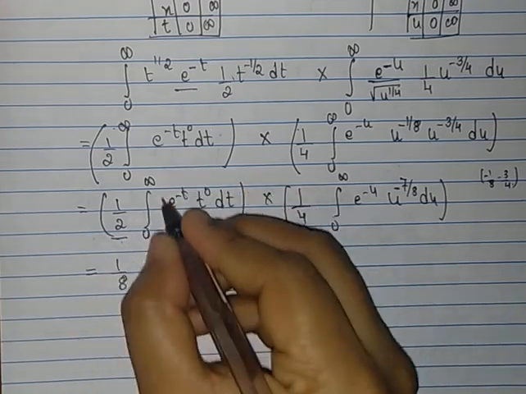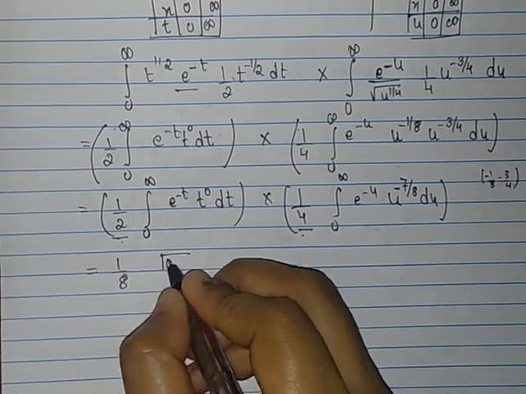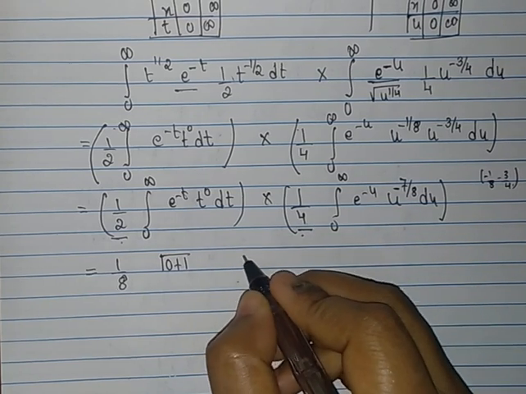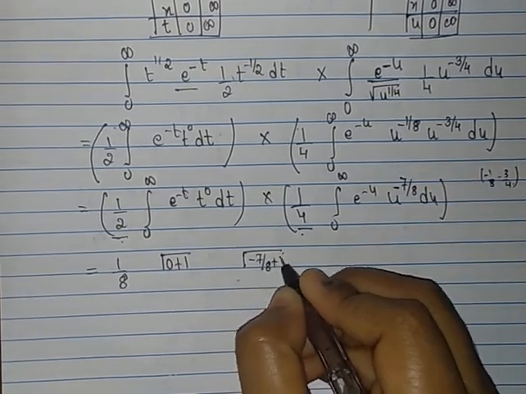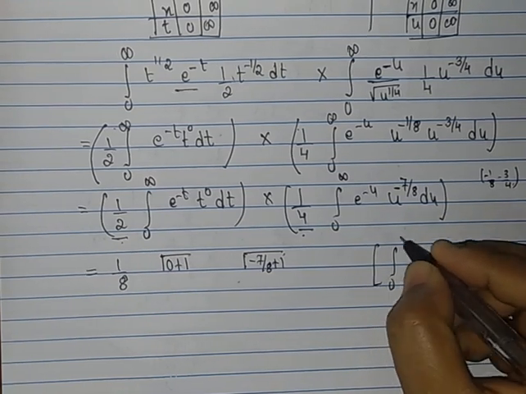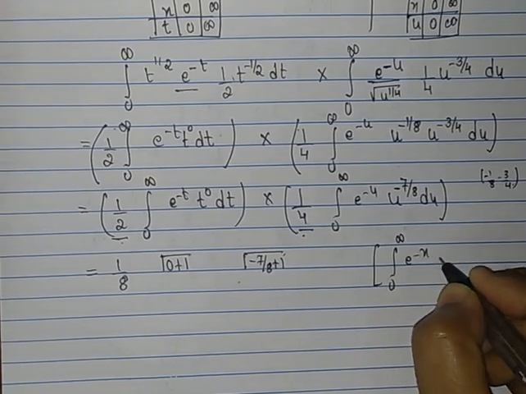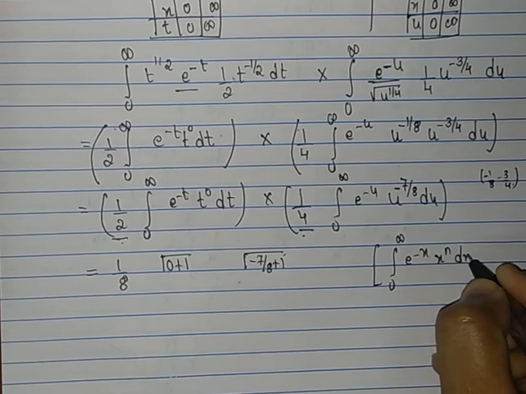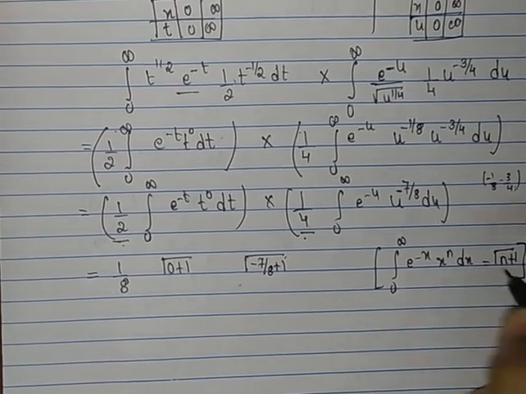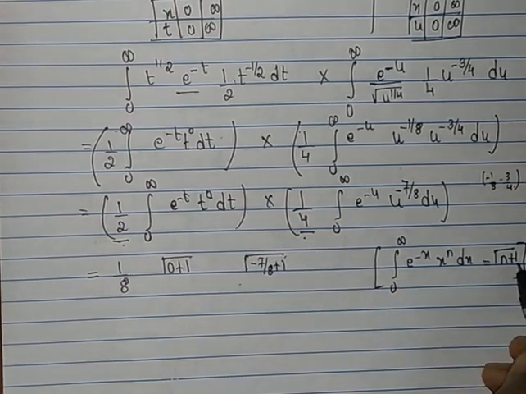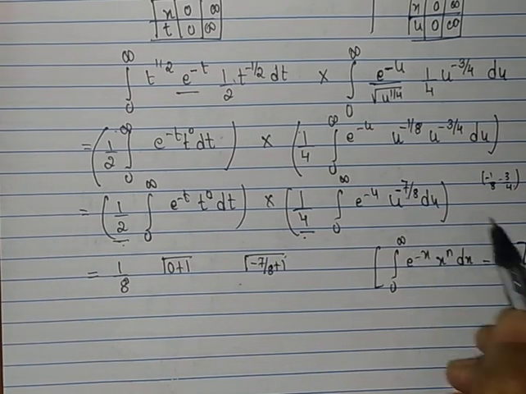Here using the formula gives me gamma of 0 plus 1, and gamma of minus 7 by 8 plus 1. We are using the formula: integral 0 to infinity e raised to minus x raised to n into dx gives me gamma n plus 1. So here t raised to 0 gives me 0 plus 1, and then minus 7 by 8 plus 1.